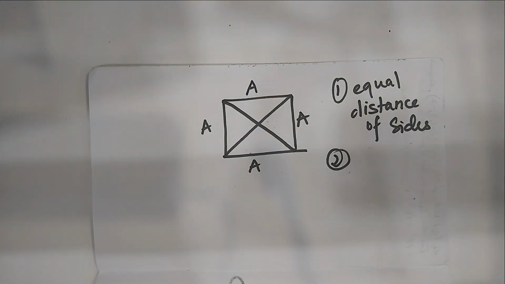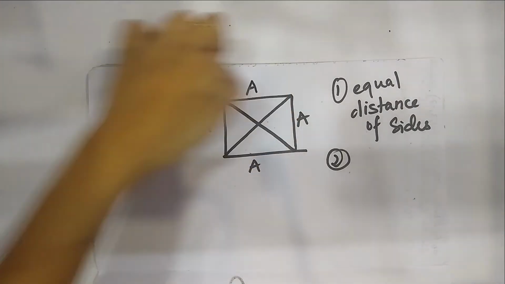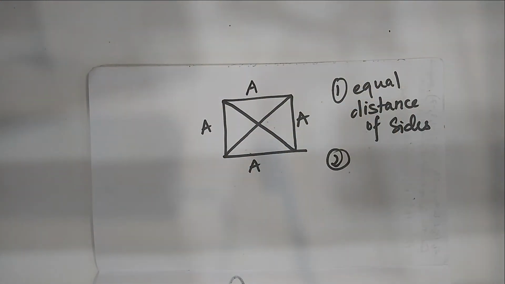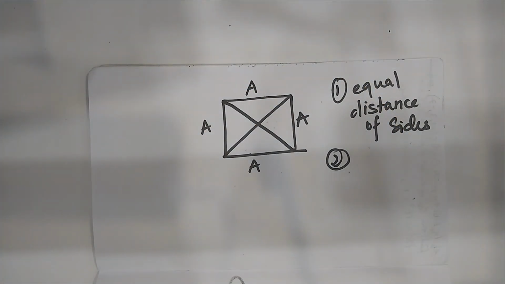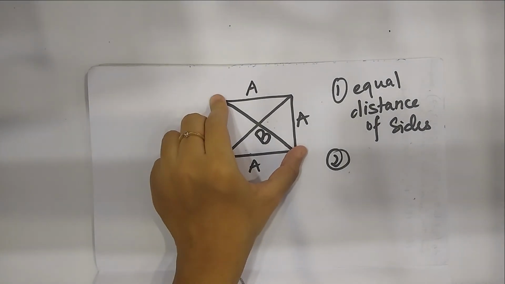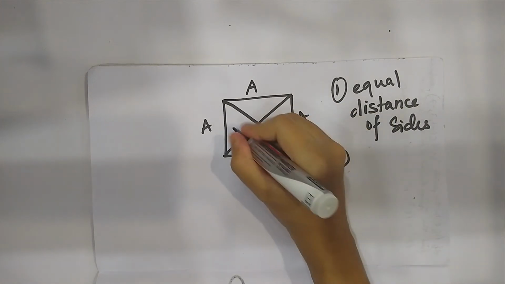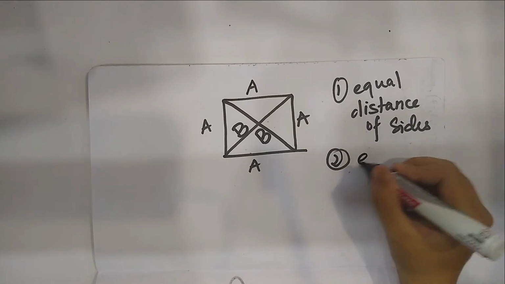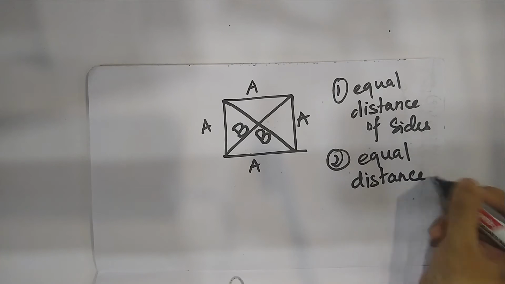The distance of the diagonals, they are also equal. But they are not the same as the sides of the square. So this will be A, and A. But the distance of this diagonal will be something different. For example, B. So if the distance of this diagonal is B, then the distance of this diagonal will also be B. So what is the second property? It talks about the equal distance of diagonals.